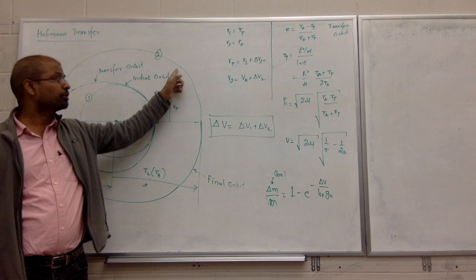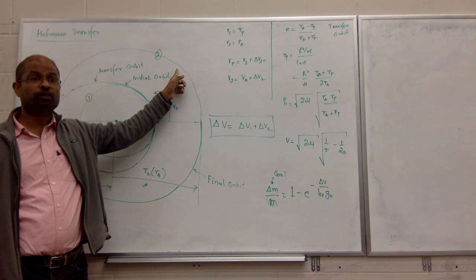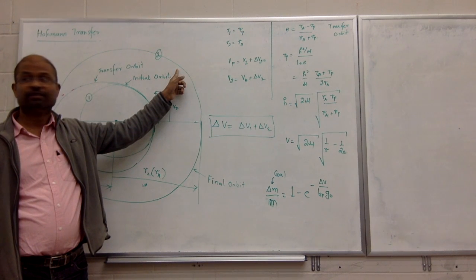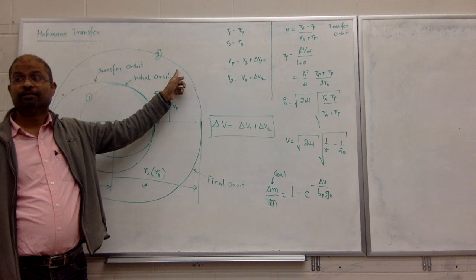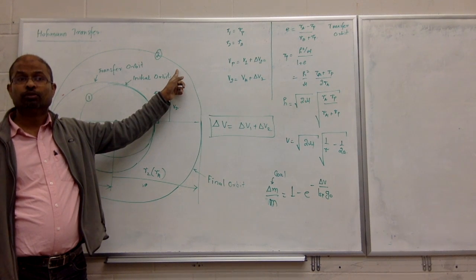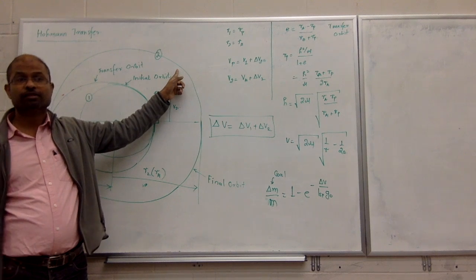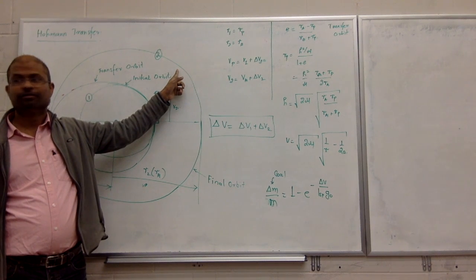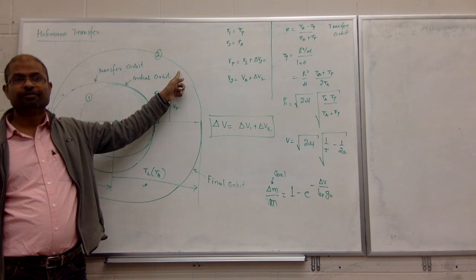If this orbit is 2000 kilometers, what is that value? It is R2 minus the radius of the Earth.